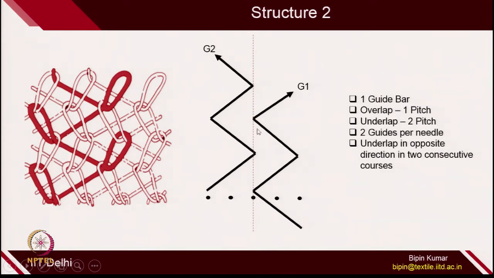So, each guide is shifting position by 2 pitch. The underlap, which is actually the shifting of position of each guide, is basically 2 pitch. Overlap will always be 1 pitch because it is always on the front side, and since the movement of each guide is the same, we need just one guide bar for making this fabric.